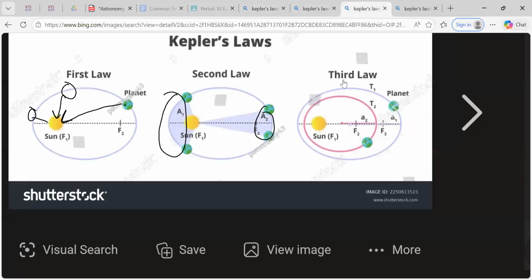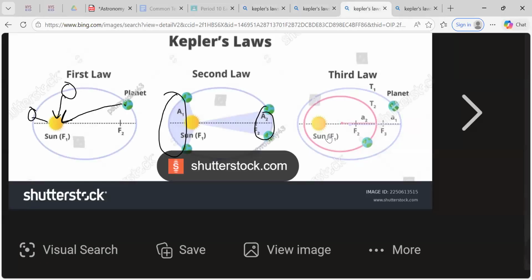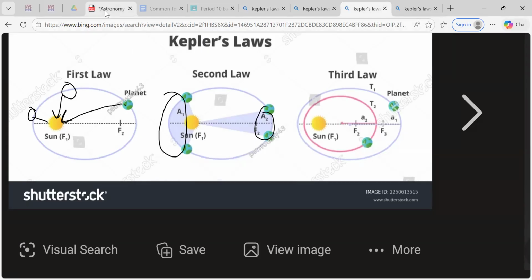So to summarize, the farther a planet is from the sun, the longer it's going to take to go around the sun. That's why Uranus, for example, takes an extremely longer time period to go around the sun than the Earth. Okay? So that's something to keep in mind.